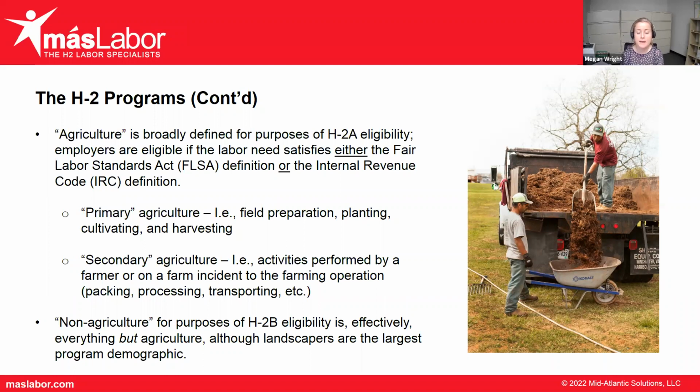So think of a packing house, or maybe transporting those commodities that had previously been grown to maturity on the farm. Non-agricultural then, of course, for eligibility is effectively everything but agriculture for H-2B. And landscapers actually make up the largest program demographic.